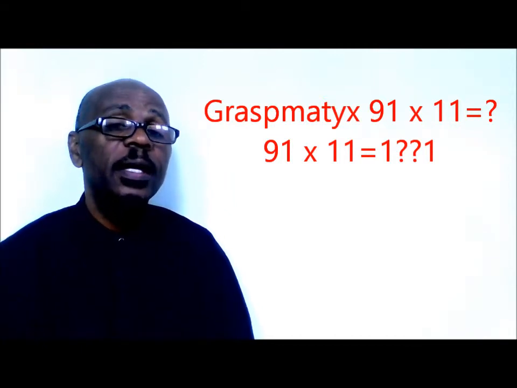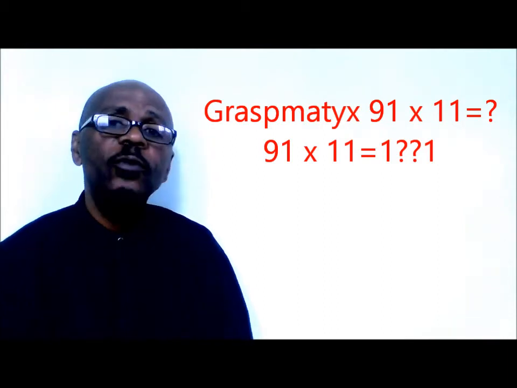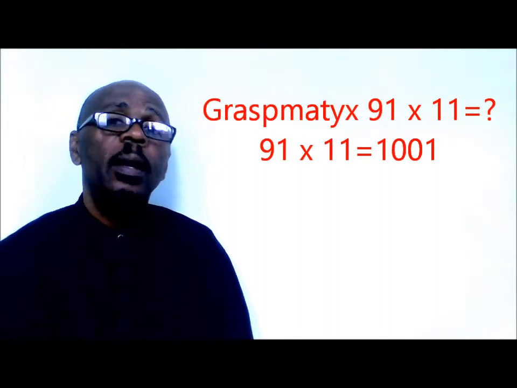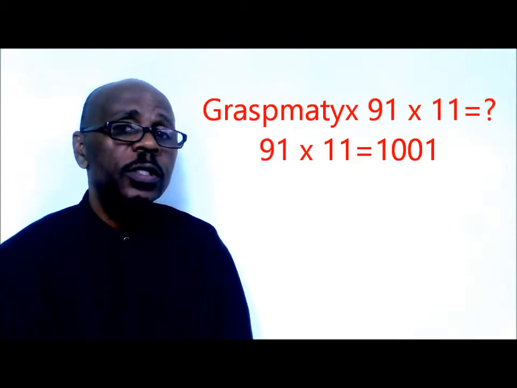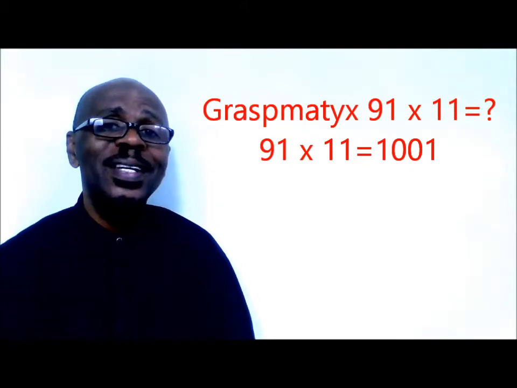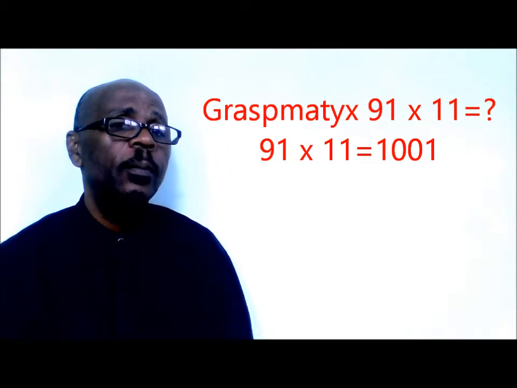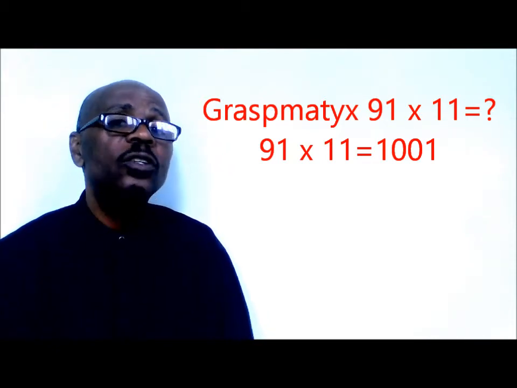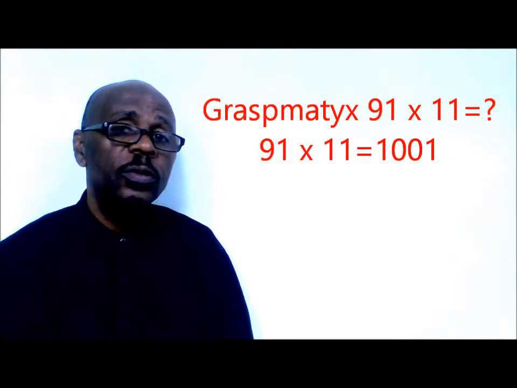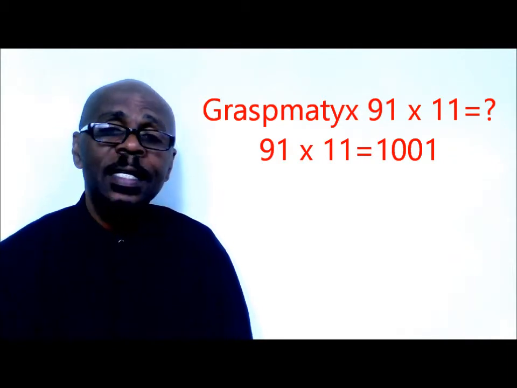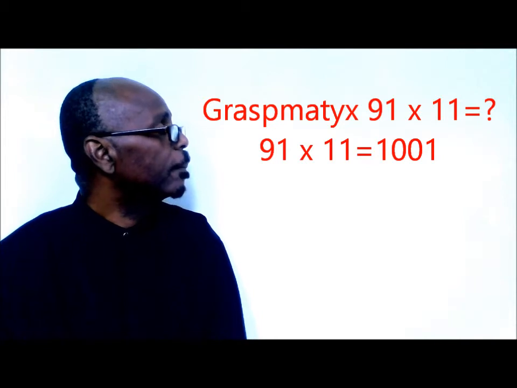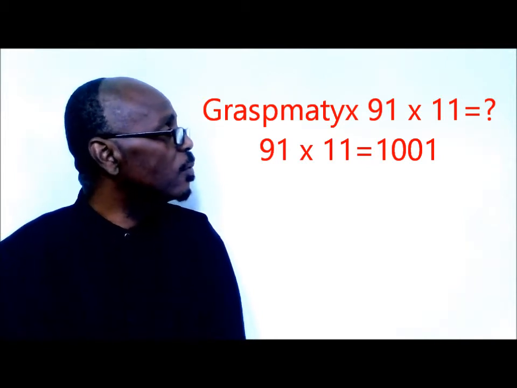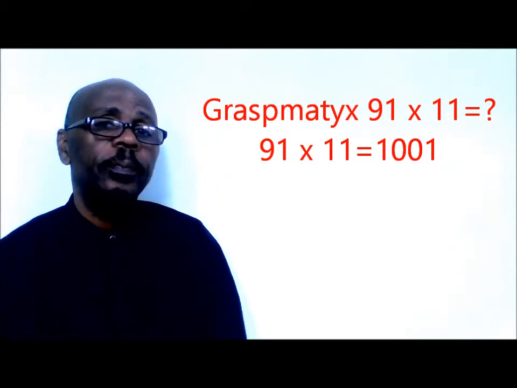Since 9 is the highest number, therefore what I have to do now to start all over again, I have to now use the 0. Remember, after 9 comes what? 1, 0. See, the 0 repeats itself. Why? Because 0 is the starting number, not 1. So since I have to repeat the 0 and I need 2 numbers, I'll just use double zeros. 0, 0 in the center, and that's my answer. It is that simple, folks. Look at it. So 9-1 times 1-1 will equal 1, 0, 0, 1.